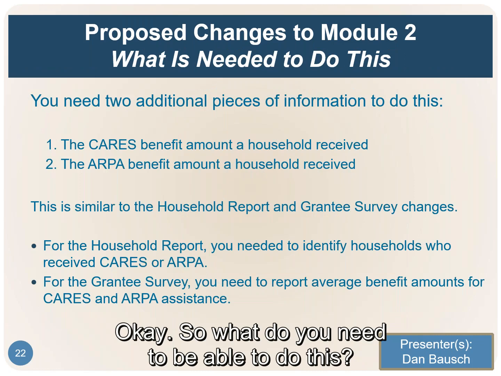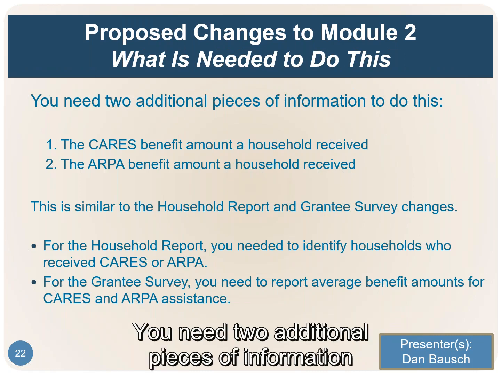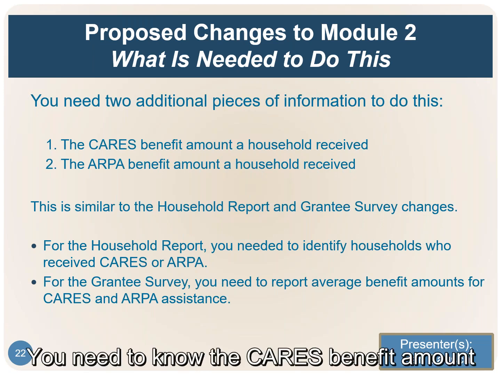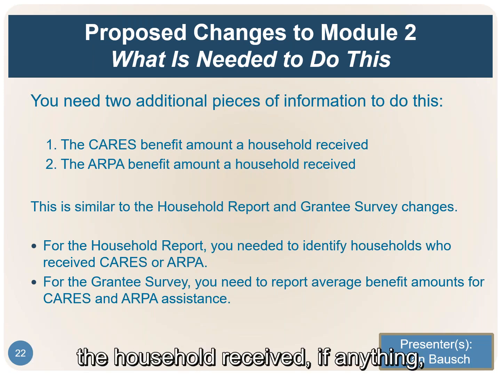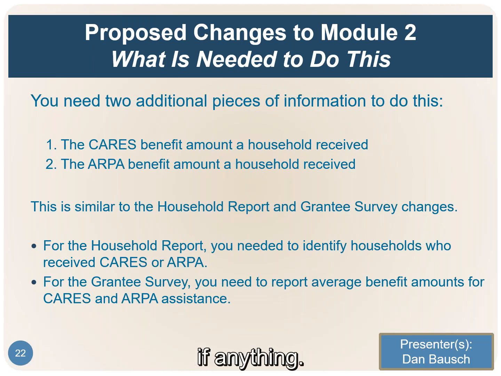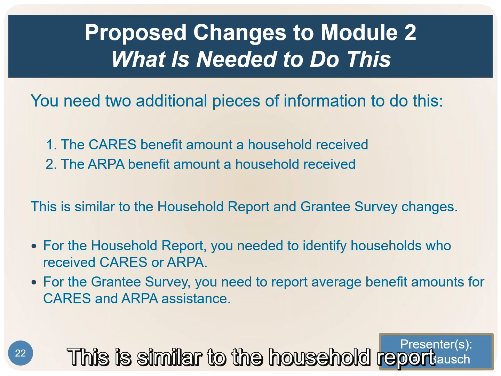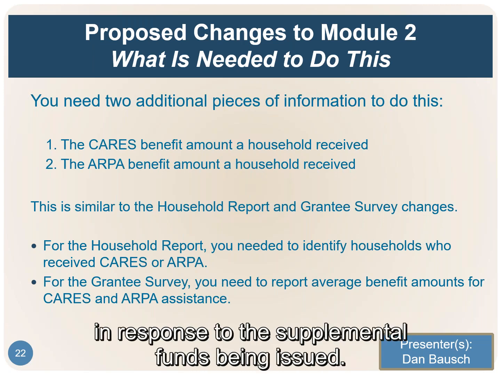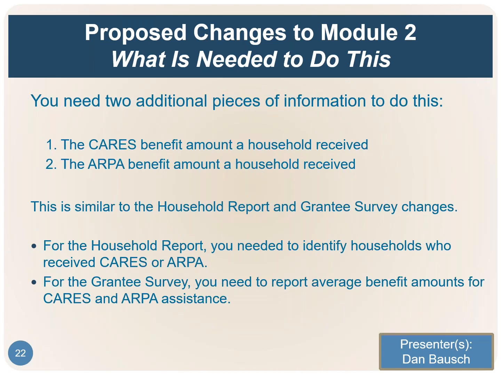Okay, so what do you need to be able to do this? You need two additional pieces of information for your households. You need to know the CARES benefit amount a household received, if anything, and the ARPA benefit amount a household received, if anything. This is similar to the household report and the grantee survey changes that were made in response to the supplemental funds being issued.